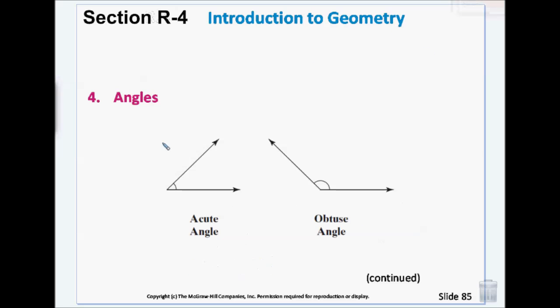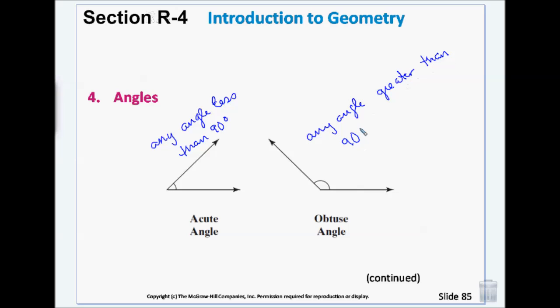An acute angle is any angle less than 90. And an obtuse angle is any angle greater than 90, but less than 180.